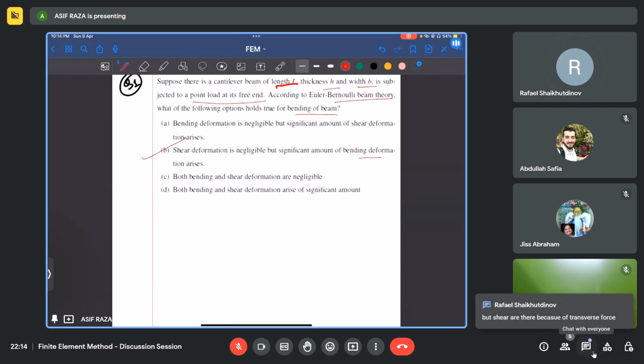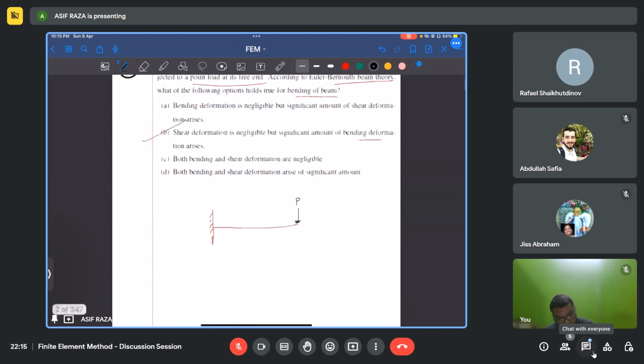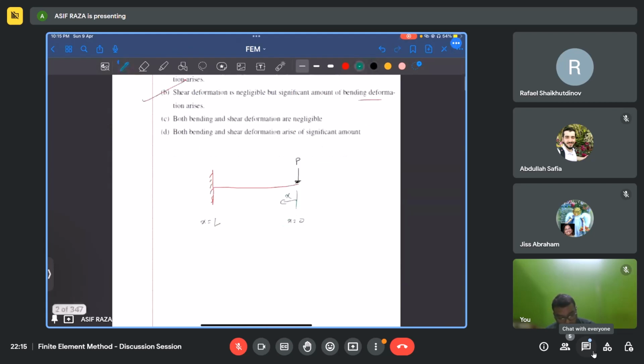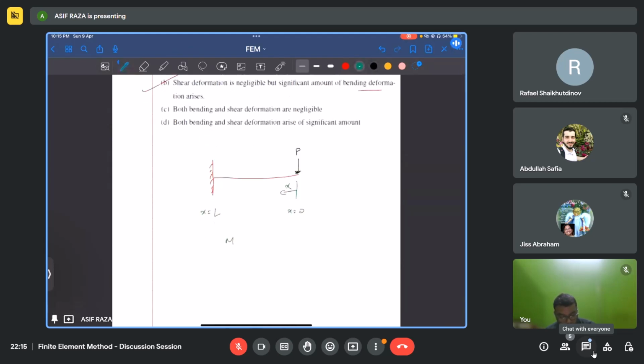Okay, the question is this. We are applying a point load here. If we just take x from here, x equal to 0 to x equal to L, what do we normally write?